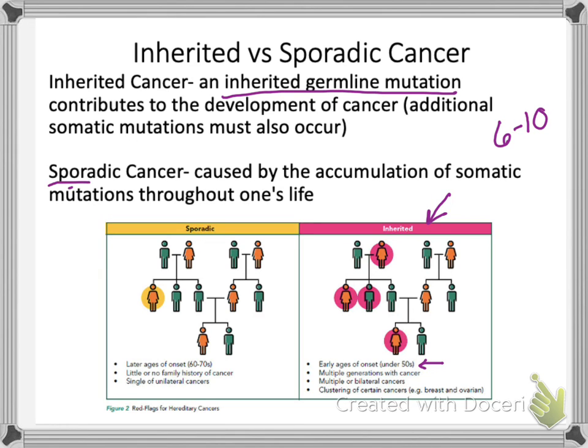Sporadic cancer, on the other hand, is caused by the accumulation of somatic mutations throughout one's life. This could be by chance, just bad luck: mistakes in DNA replication happen, they accumulate, and cancer develops over time. Or it may be accelerated because you participate in risky behaviors.